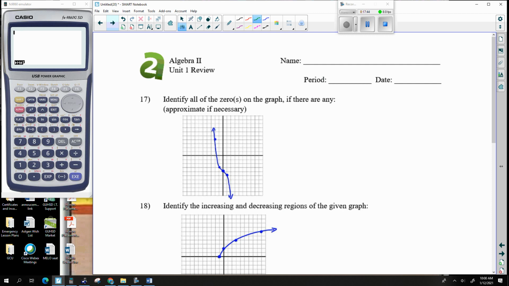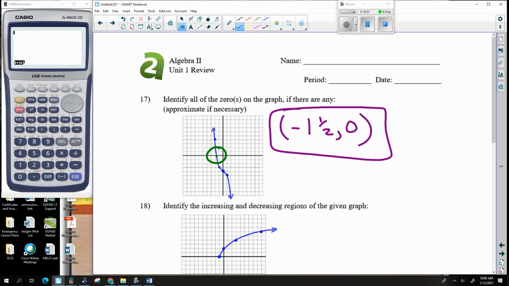Okay, again, any zeros, I see that it touches right there. I don't know exactly what it is, but it's about -1.5 approximately, like -1, not quite -2.